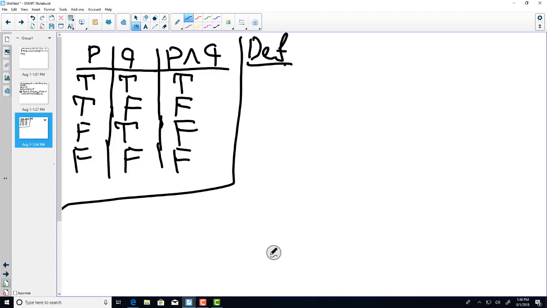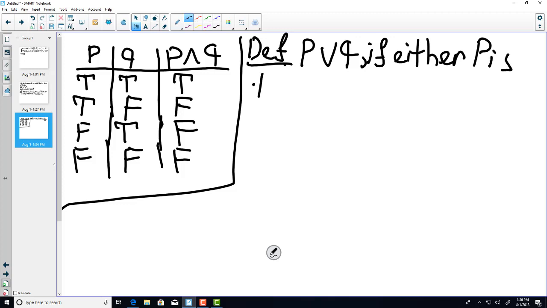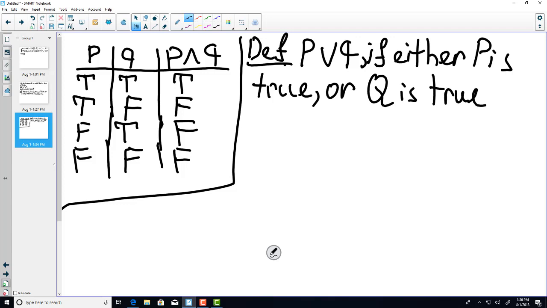Disjunction: we say P or Q, if P and Q are statements, P or Q is true if either P is true or Q is true, or both, and false otherwise.